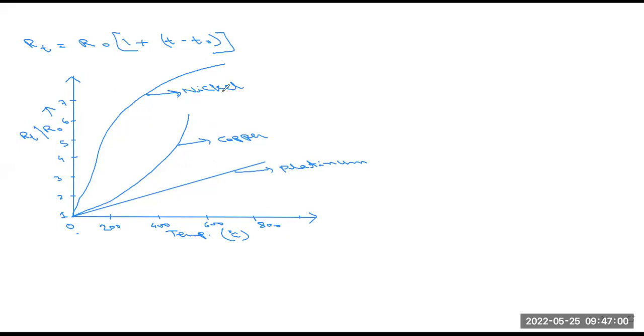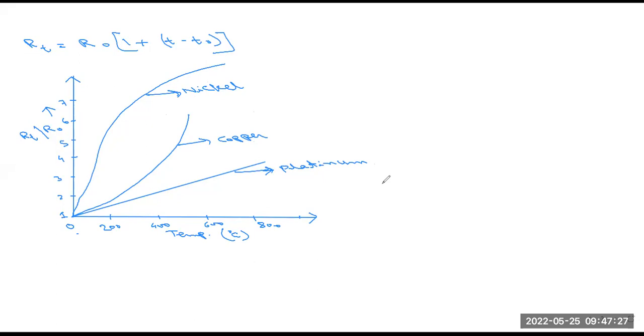So these three types of material we have to use for RTD: nickel, copper and platinum. Here you can see this platinum material gives a stable result, and then copper, and another one is nickel. Platinum is more advantageous than the other types of material, and you know that platinum is very costly, even more than gold.